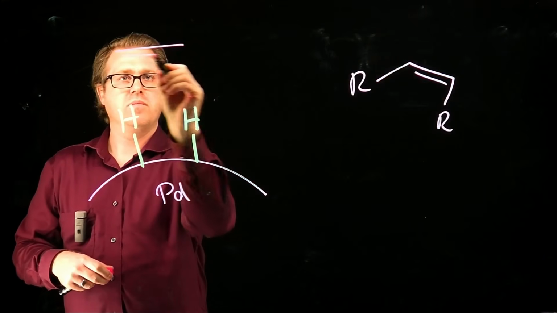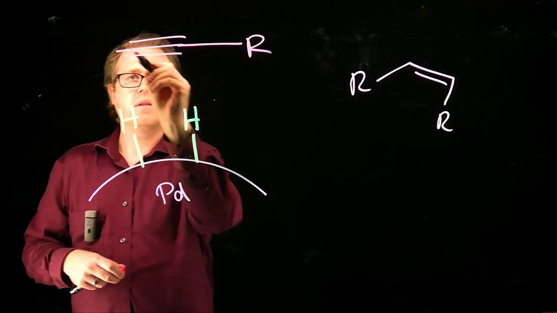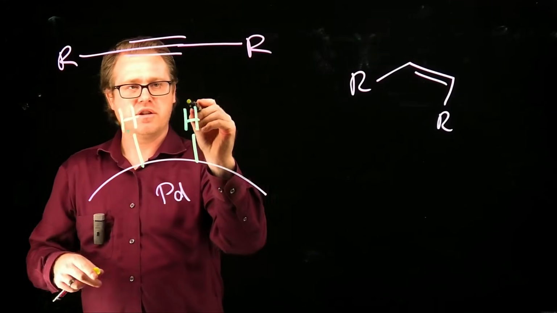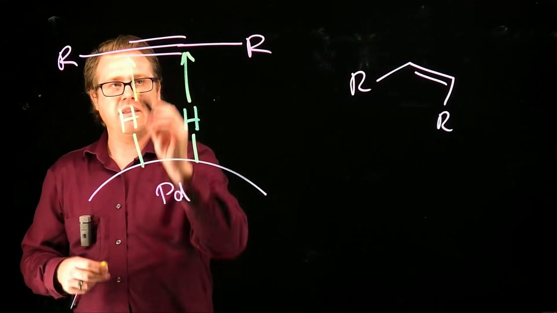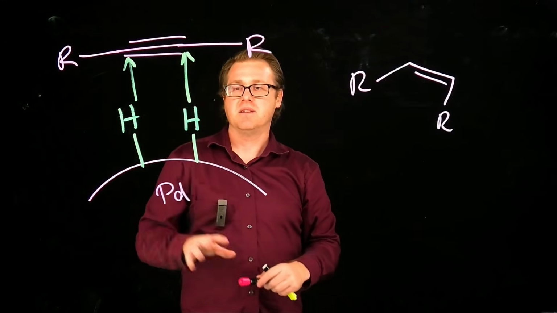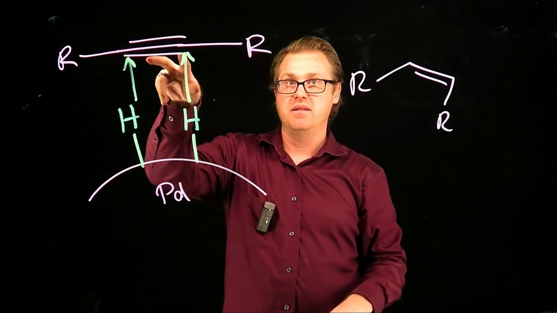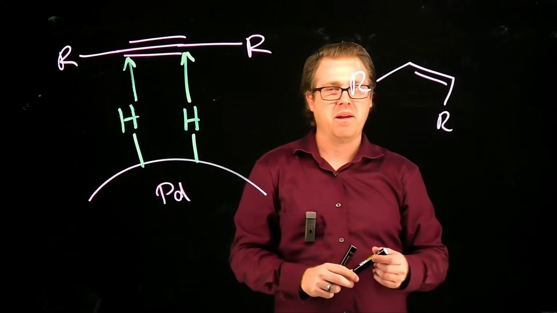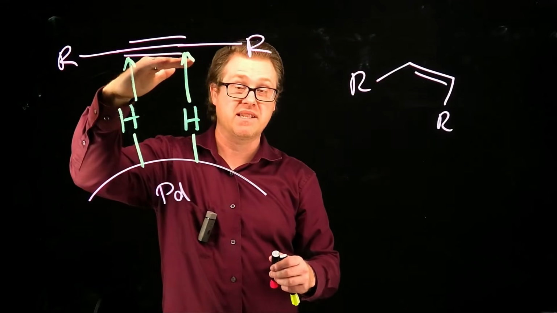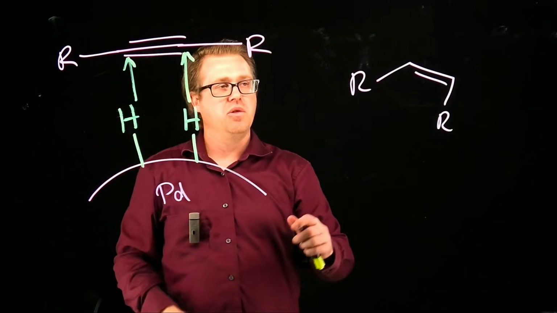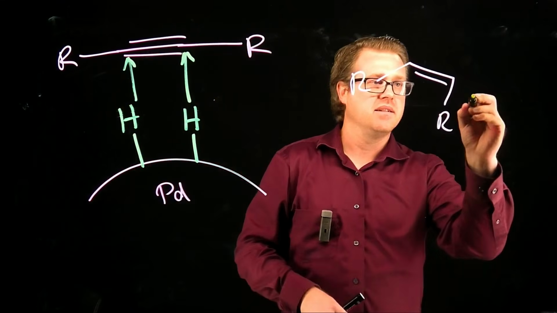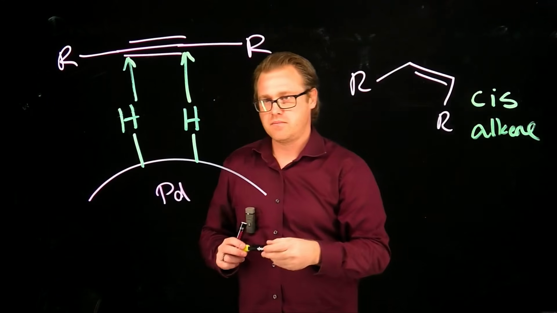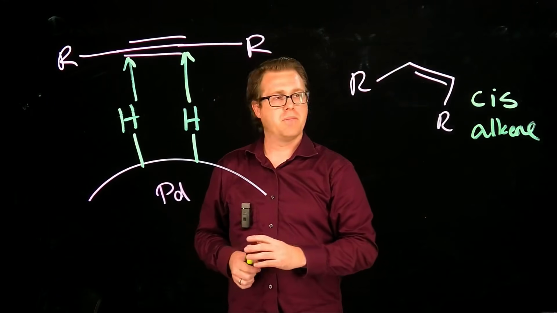Boom, boom, boom. These hydrogens are just going to plop right in there from the same face. So they're adding syn. When they're adding in a syn fashion, meaning they're coming from the same side, you will get a cis alkene. All right. Pretty slick.